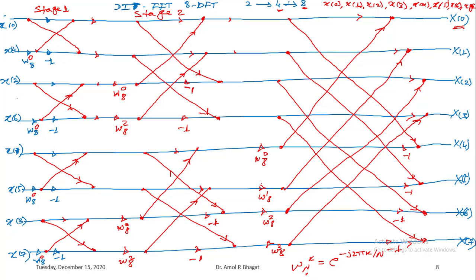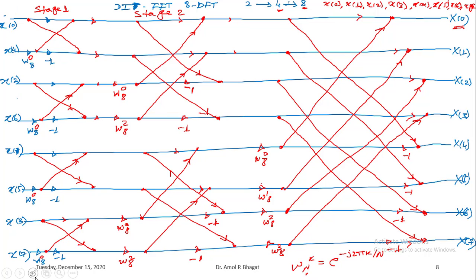And if you want to compute the 4-point DFT using the DIF algorithm, this diagram can simply be modified: these 3 stages will not be there. In that case only 2 stages will be there. So I will not redraw this diagram, I will simply indicate it here.